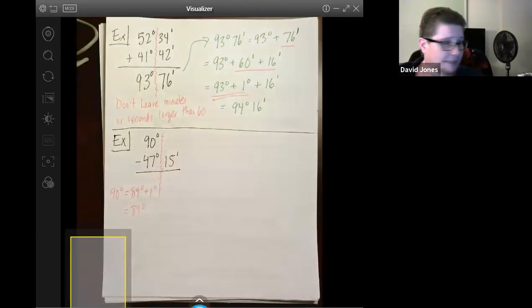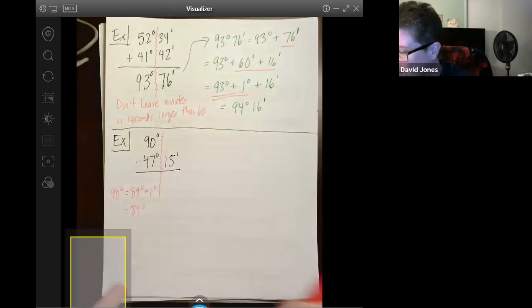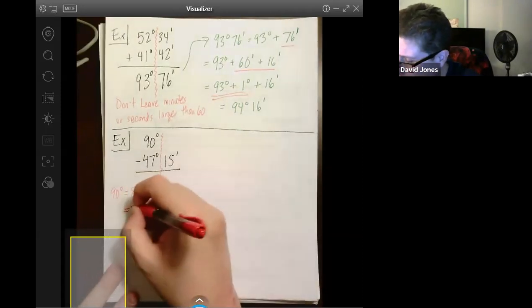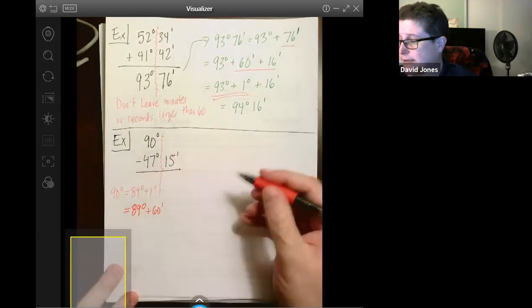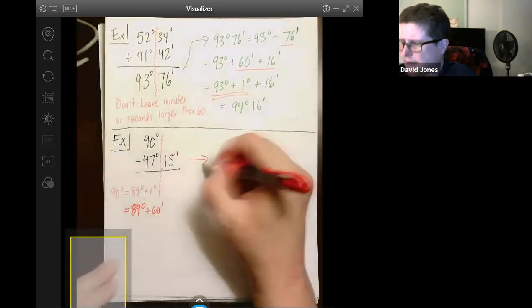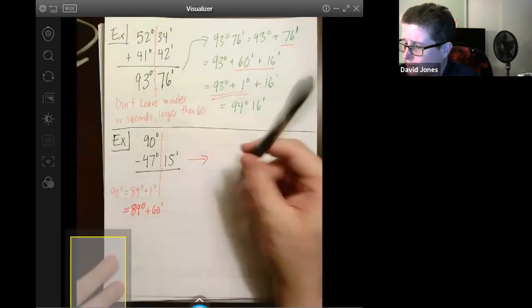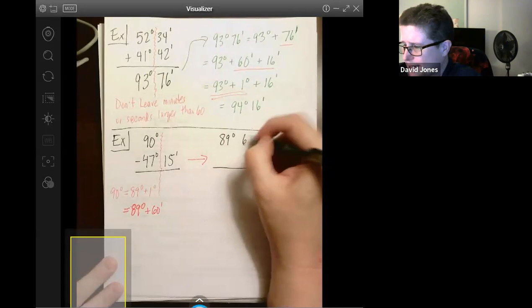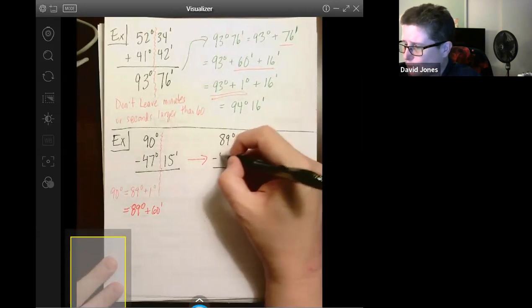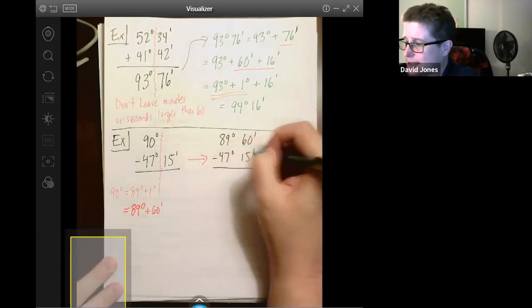This red pen's dying. Grab another one. 89 degrees plus 60 minutes. So I can rewrite this problem as 89 degrees, 60 minutes, minus 47 degrees, 15 minutes.